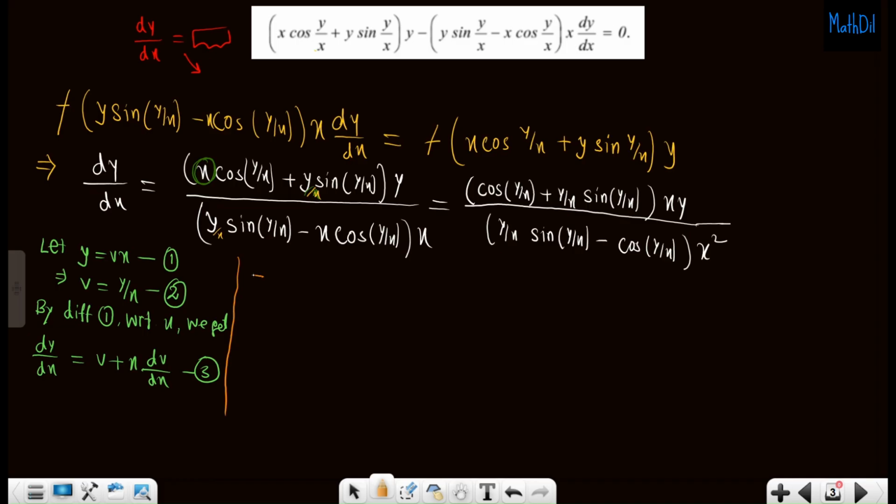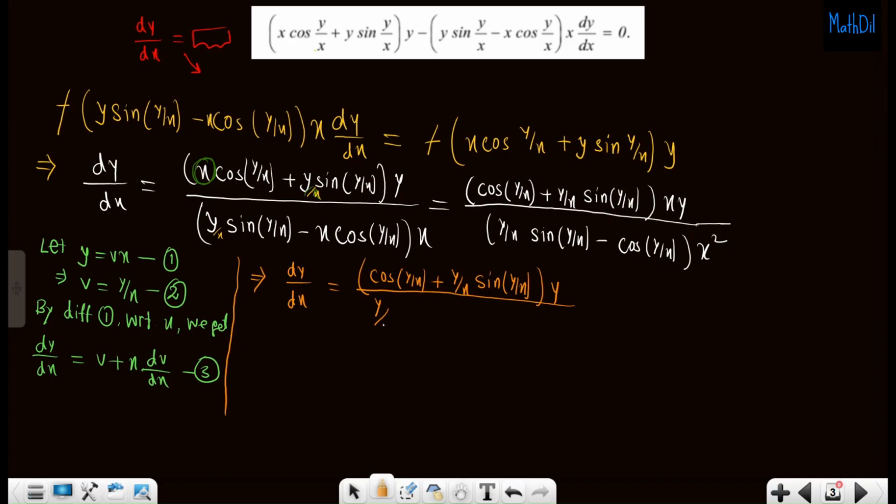So it will imply that dy by dx is equal to cos y by x plus y by x sin y by x, and here it will be y. Why? Because here is x and here is x square, so we are cancelling one x.